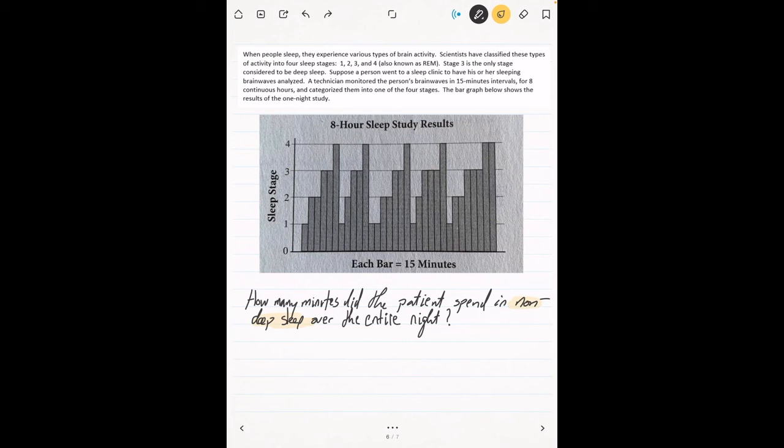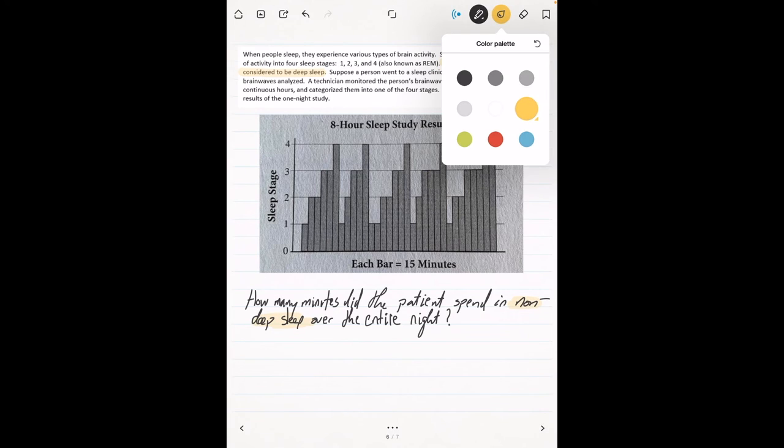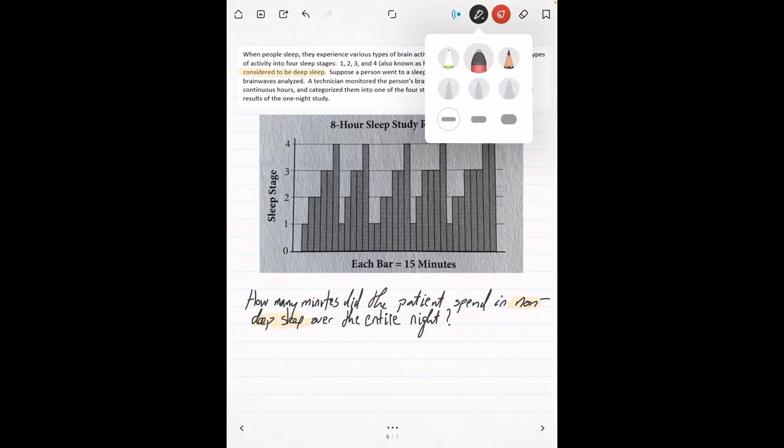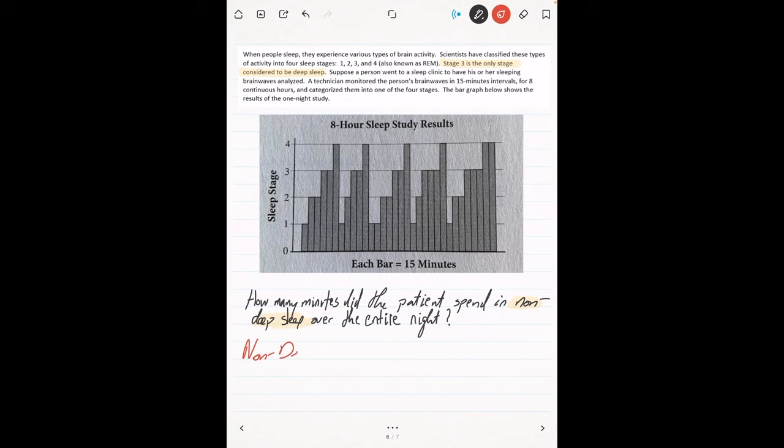So we're asked to find what is non-deep sleep for this problem. Hopefully you're able to point out in the passage here it says, stage 3 is the only stage considered deep sleep. So anything else we could assume to be non-deep sleep. Let me make a note of that. Non-deep sleep is anything in stage 1, 2, or stage 4.